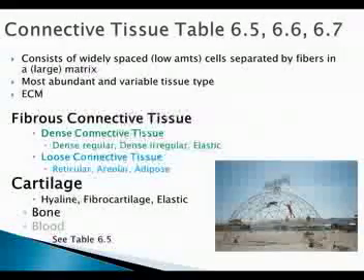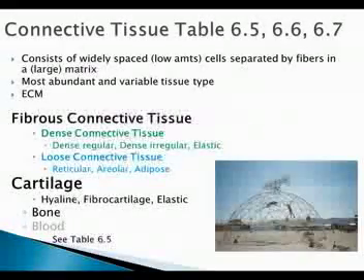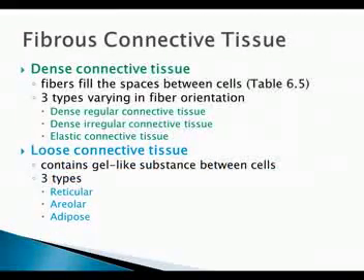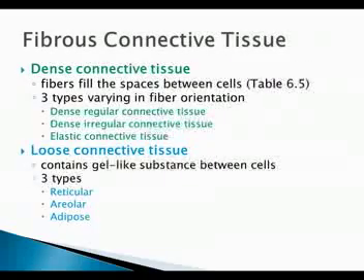So we're really going to cover just fibrous connective tissue in this lab. We do get into cartilage and bone later. We don't do blood in this 201. So again, we're really just going to focus on the 6 types of fibrous connective tissue. And fibrous connective tissue can be broken up into 2 main parts: dense connective, which is really a tight-knit tissue with the open space filled with fibers of one type or another.